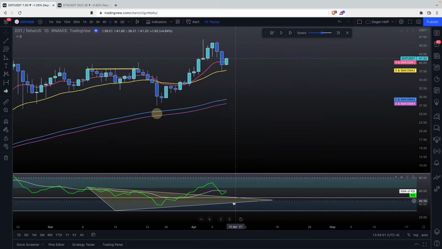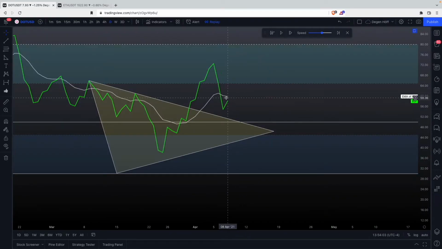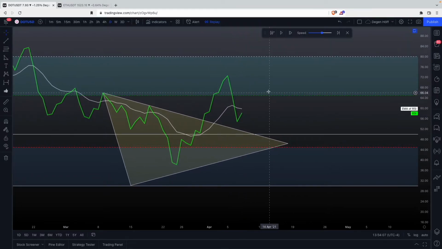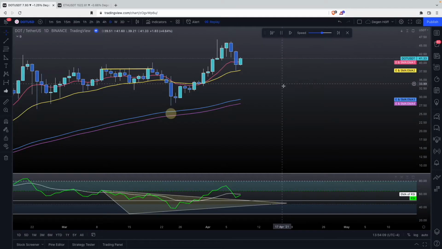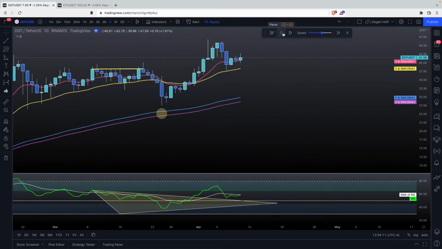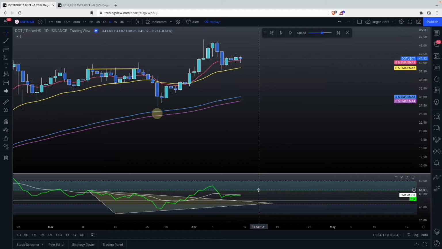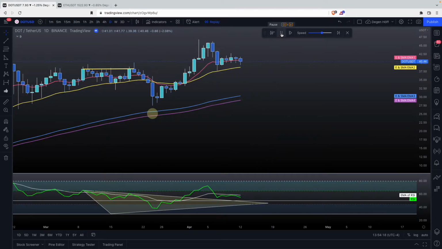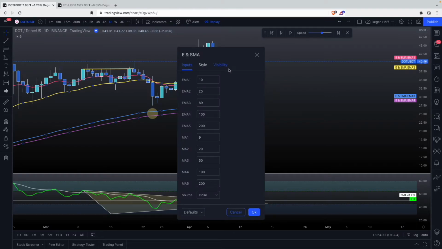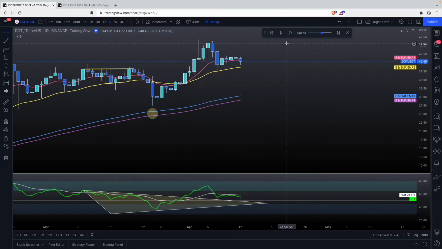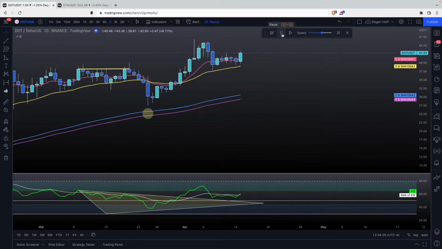Okay, I don't like that. So if it backtests the MA and rejects, then I would have probably stopped my position right away. It's looking very sketchy. But it's trying to hold the bands here. Alright, let's see.